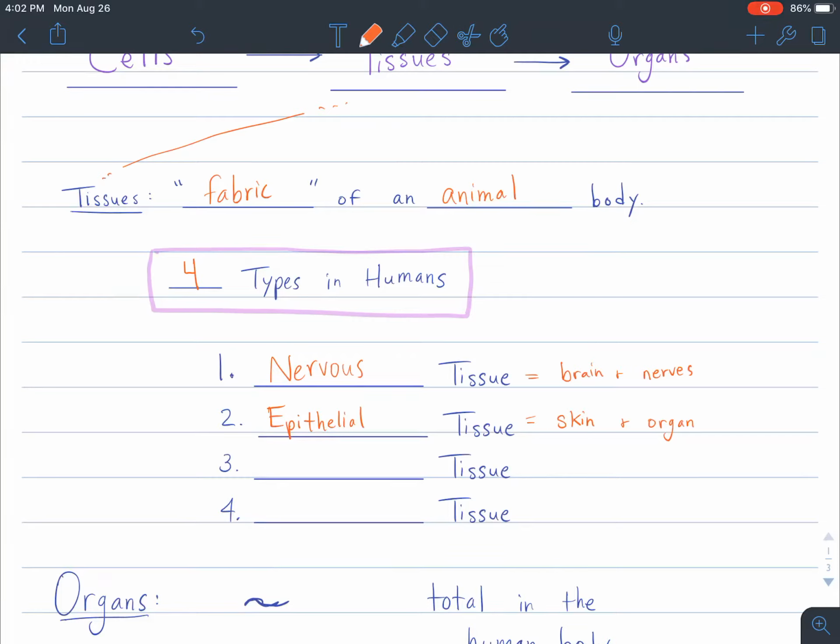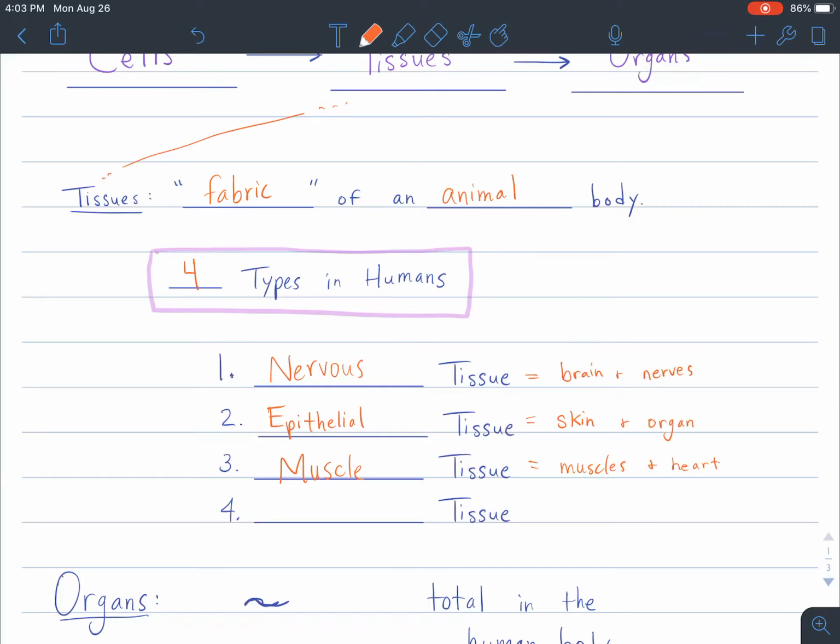The third type of tissue is the one that we're going to learn most about here in the beginning of Unit 1A, and this is muscle tissue. And muscle tissue makes up our muscles, the things that we talk about a lot if we're trying to get stronger, but it's also our heart. Our heart is an organ that is basically a giant muscle.